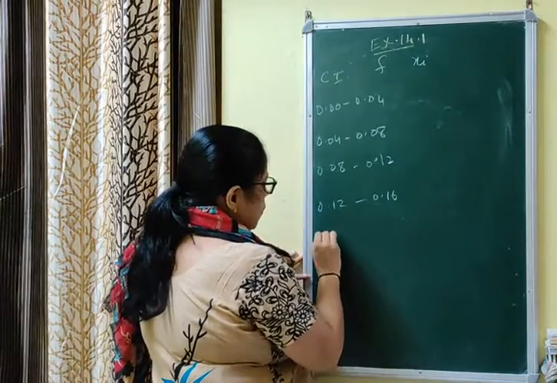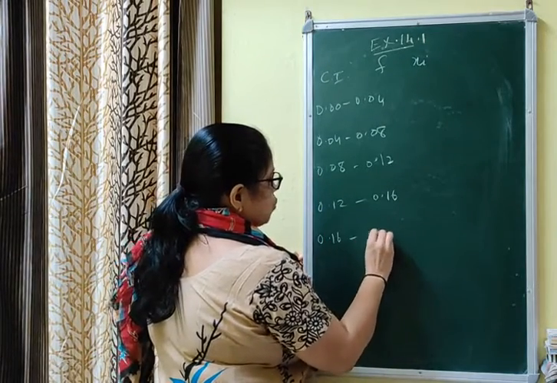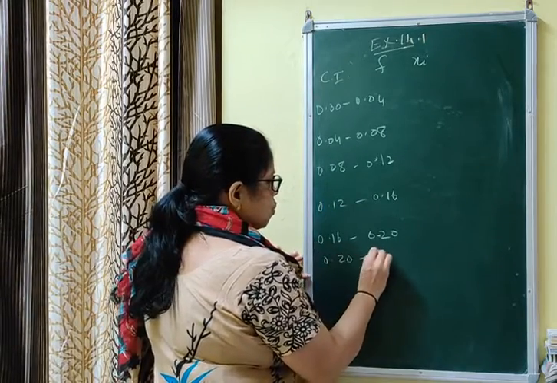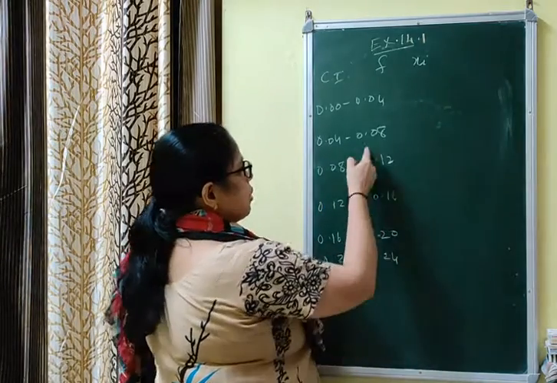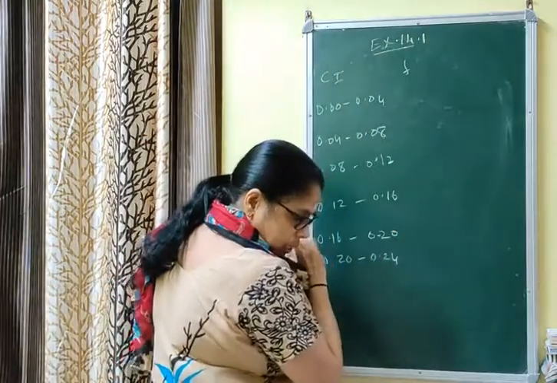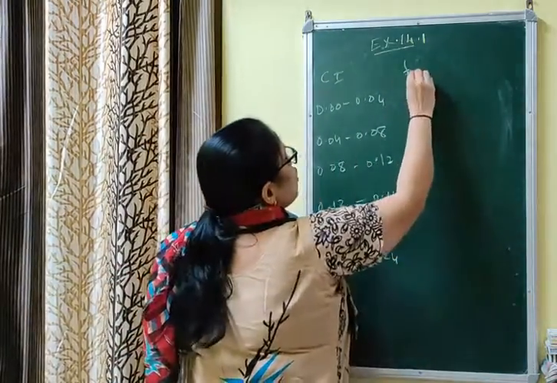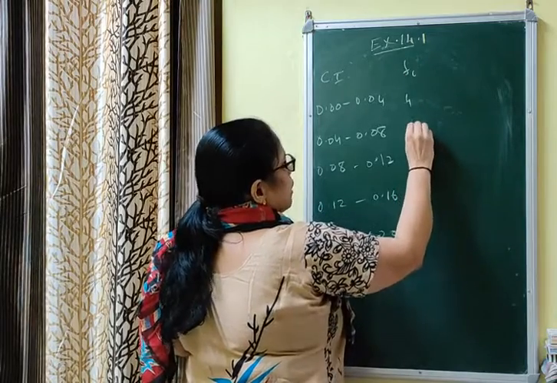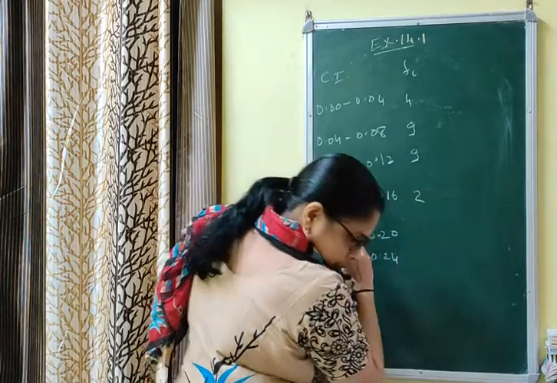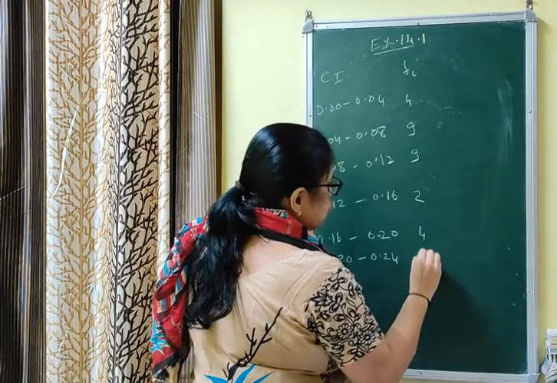And next is 0.16 to 0.20. And last one is 0.20 to 0.24. The classes are continuous and class size is 0.04. Next is frequency, that is fi, which is given as 4, 9, 9, 2, 4, 2.